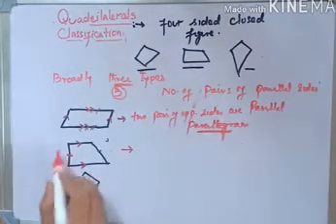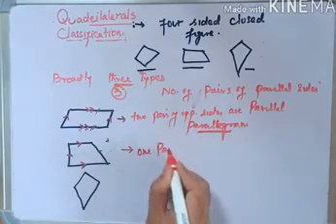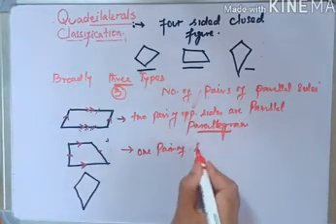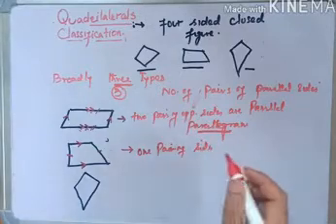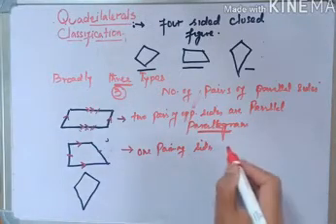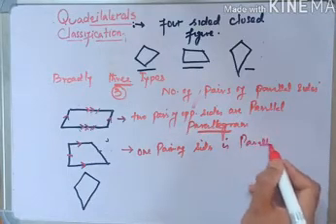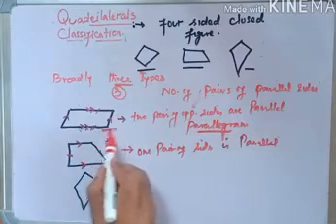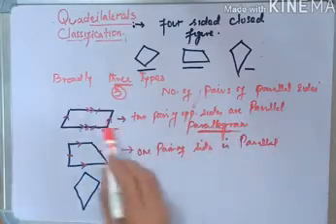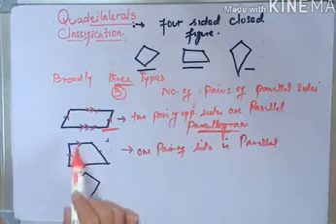So in this type of quadrilateral, only one pair of opposite sides is parallel, only one pair. In this quadrilateral, called a parallelogram, both pairs are parallel. In this quadrilateral, only one pair is parallel.